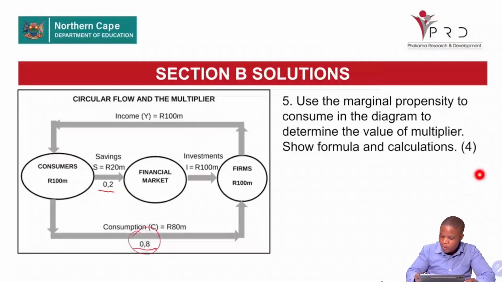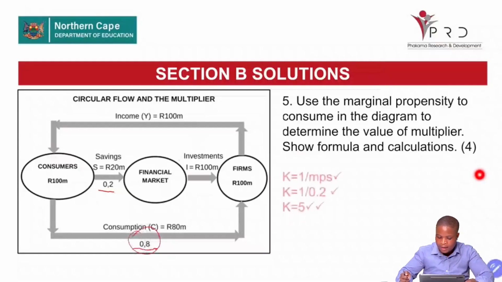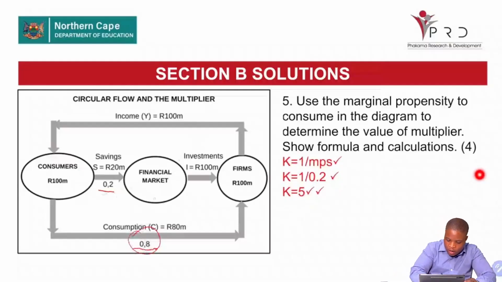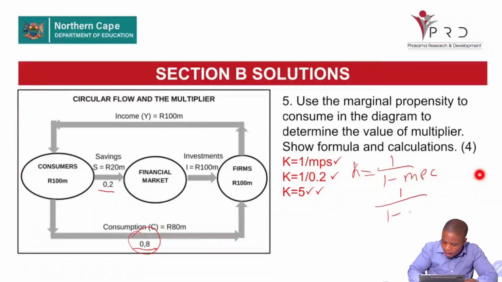The formula that we are going to use is K equals 1 over MPS, because we already have MPS, or we can say K equals 1 over 1 minus MPC, right? So it's 1 over 1 minus 0.8, and it gives us what? 1 over 0.2.